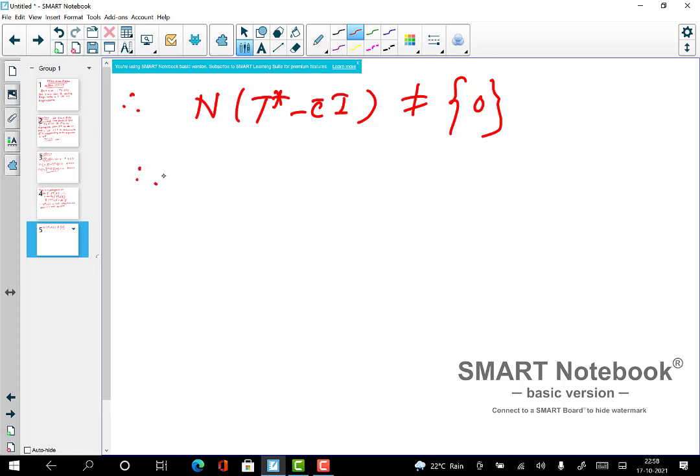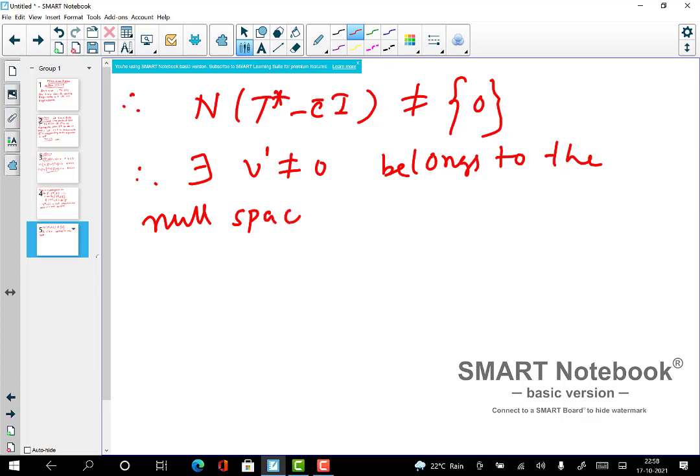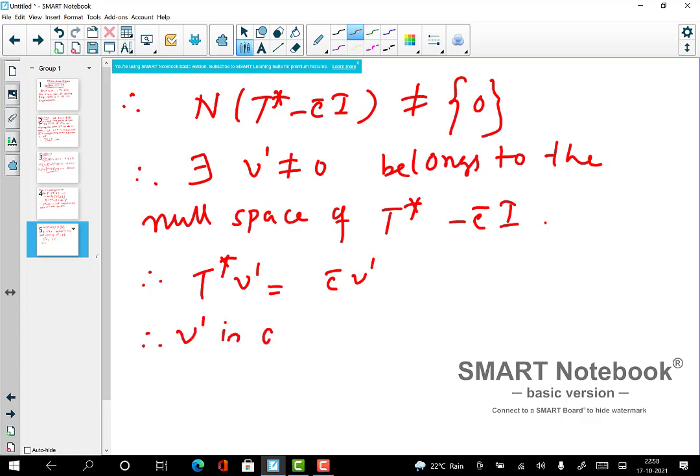Thus there exists a non-zero vector v dash that belongs to the null space of T star minus c bar I, and hence T star v dash equals c bar v dash, and hence v dash is an eigenvector of T star.